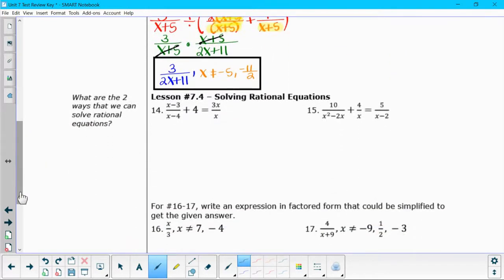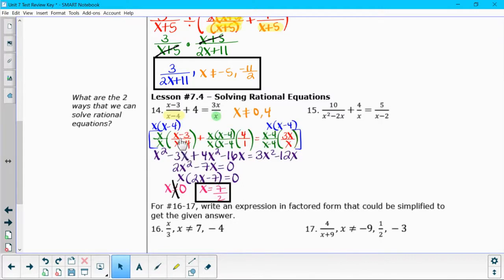Now, number 14 is going to be solving. It's going to look exactly like simplification. The only difference is we are going to cancel out the denominator so that we are only solving with the numerators. So you're going to want to create a common denominator.